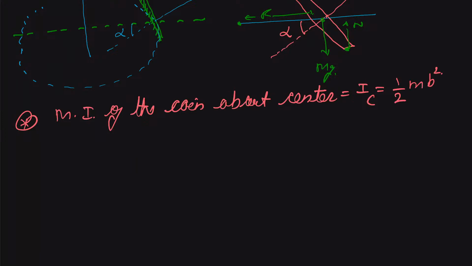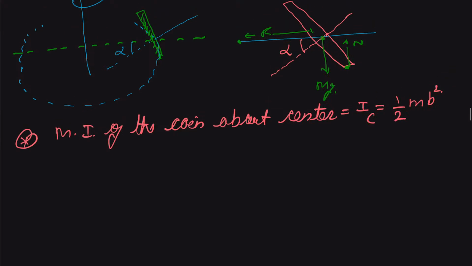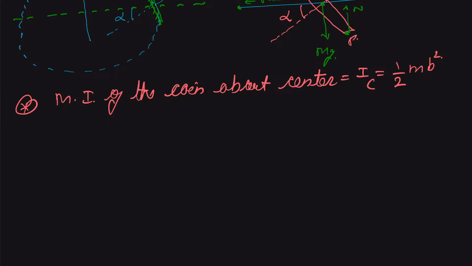Okay. And moment of inertia, let us suppose we call this point as P, the contact point. Therefore we can say that the moment of inertia about point P, let us call this IP, so we get this as our IC plus its mass times b square, that is mb square.